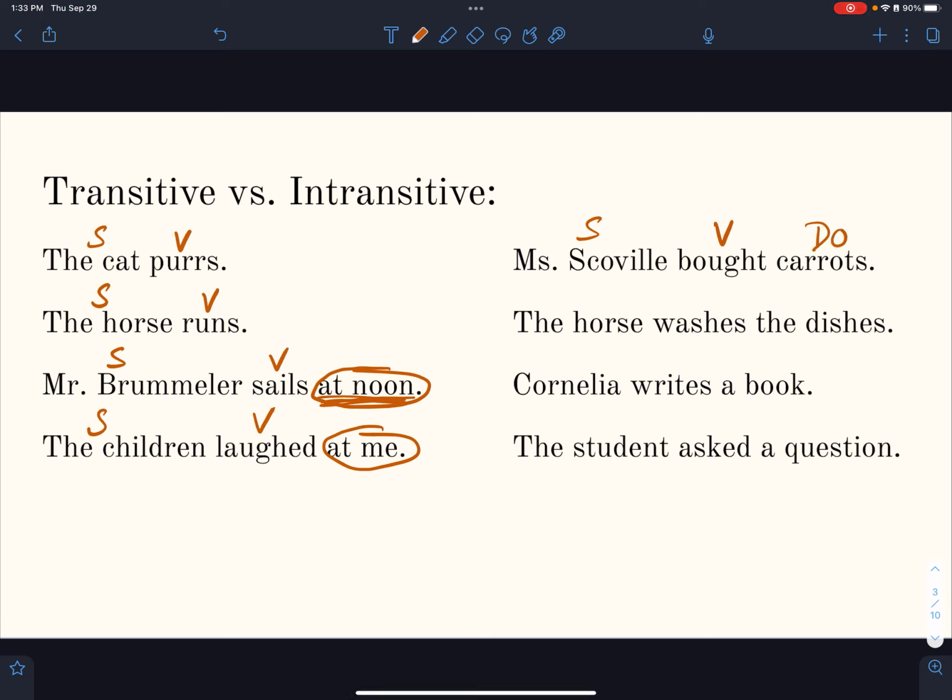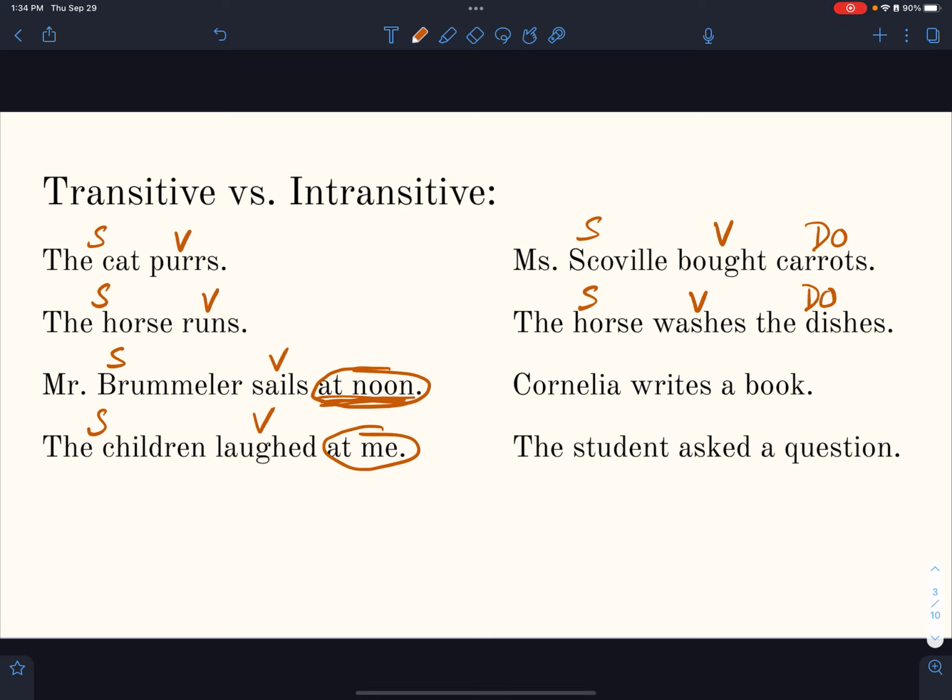The horse washes the dishes. Okay, we can all guess what kind of verb this is. Transitive or intransitive, everyone? Transitive. Your answers are getting less and less enthusiastic. That's okay. What's my markup? Clinton. So horse would be subject, and then washes would be verb, and then dishes would be the direct object.